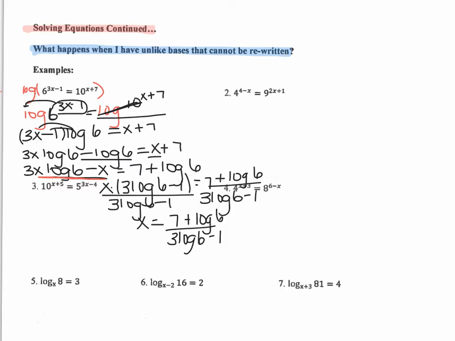And when I hit enter, I get 5.829. So x equals 5.829. And if I had multiplied by the natural log instead of log in the beginning, you would have gotten the same answer. It just would have taken a little bit more work.